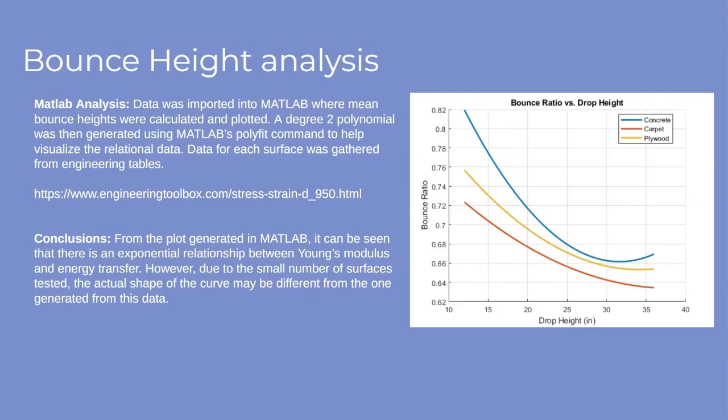However, with the stiffer surfaces, the line never actually crosses, and we could see that the stiffness of the surface significantly improves the rebound height as well. However, at higher stiffness, the difference does diminish. So we have diminishing returns in both drop height and in stiffness.